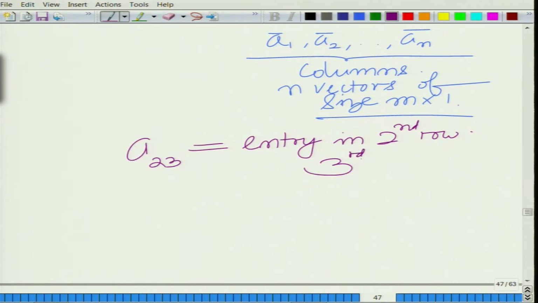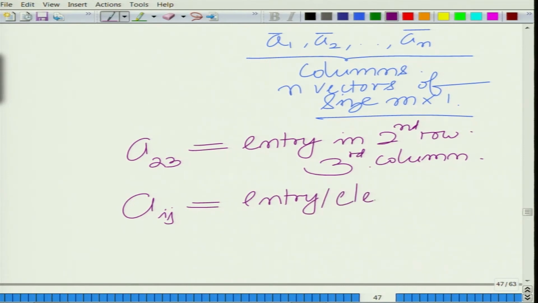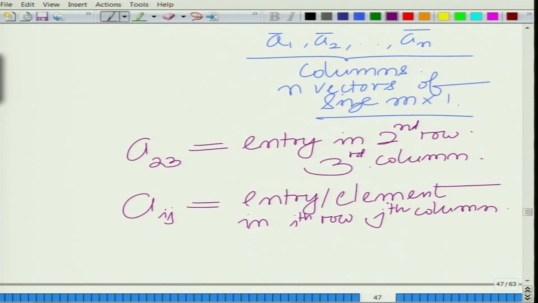And Aij in general equals the entry, coefficient, or element of the matrix in the ith row and jth column.